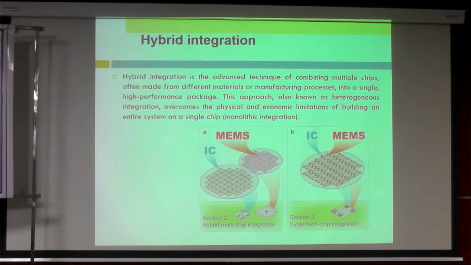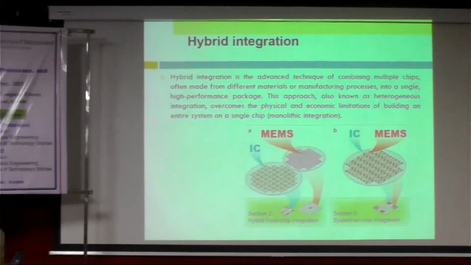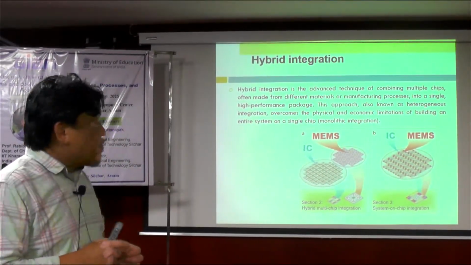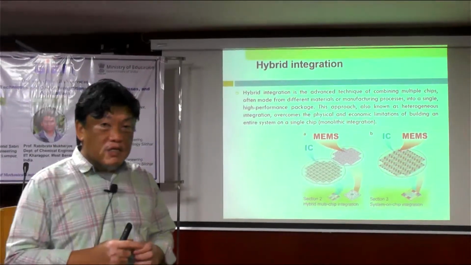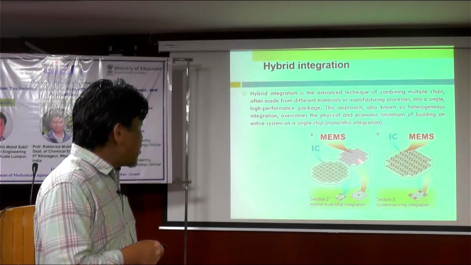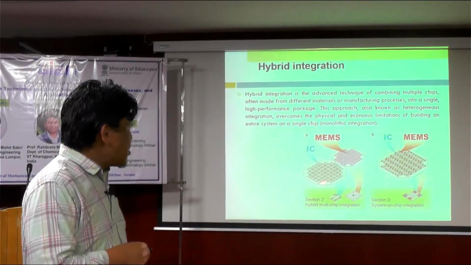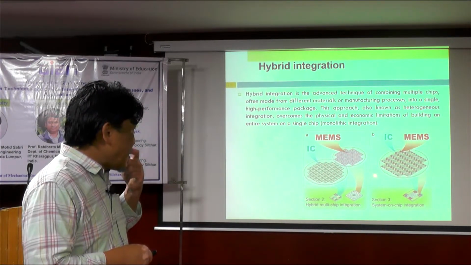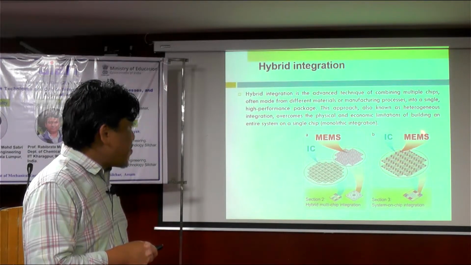Monolithic means if you use just a single wafer, for example, that is monolithic, but heterogeneous is with different types of materials and different types of chips or components you try to integrate. So this is IC and this is MEMS. Then you try to integrate the MEMS and IC together.